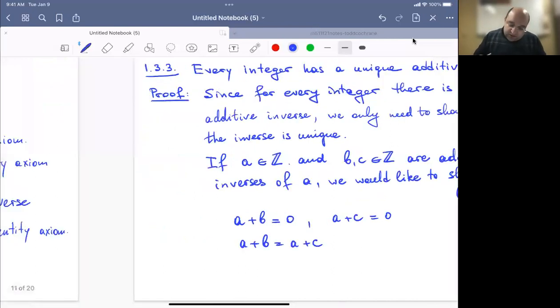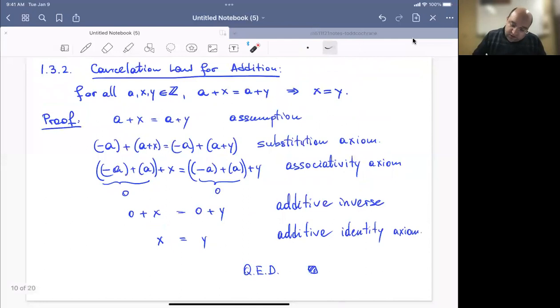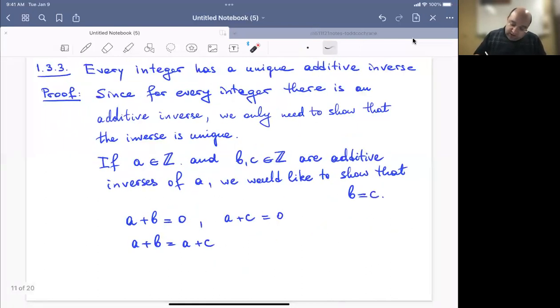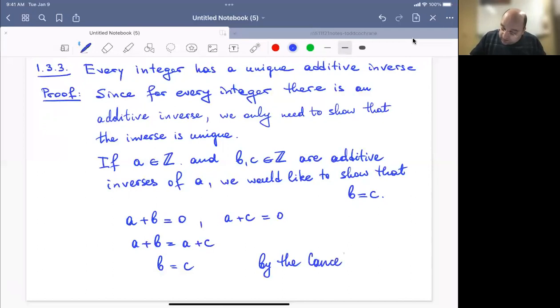But we just established the cancellation law here, right? So if A plus X equals A plus Y, then X is equal to Y. So that means we can write B is equal to C. This is by the cancellation law, which we just established.